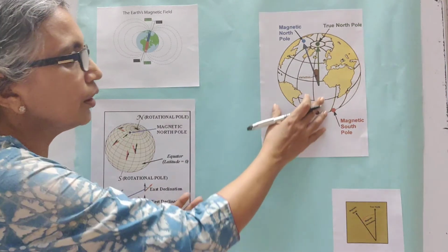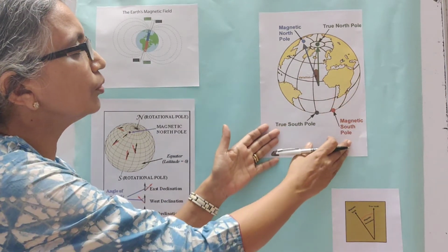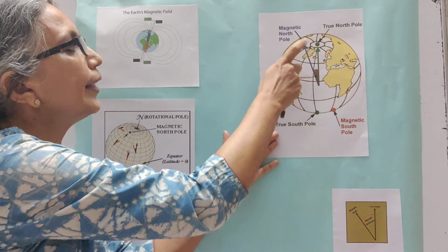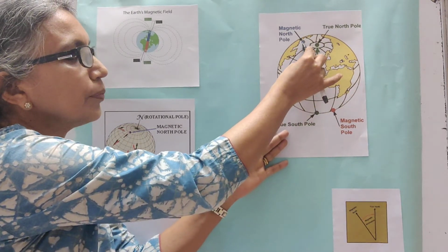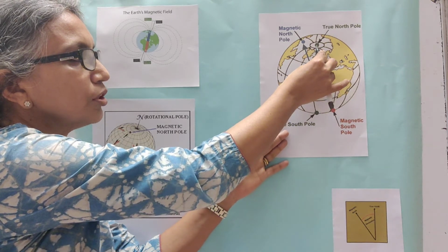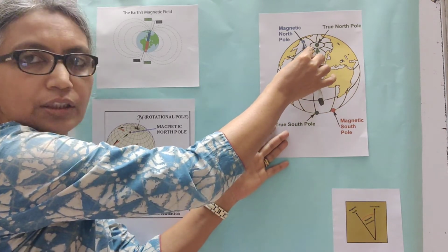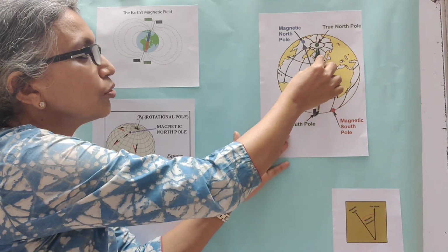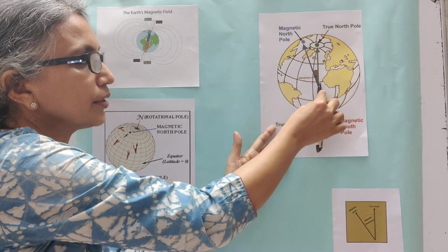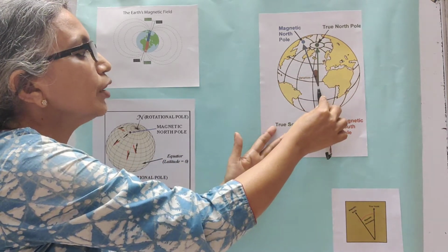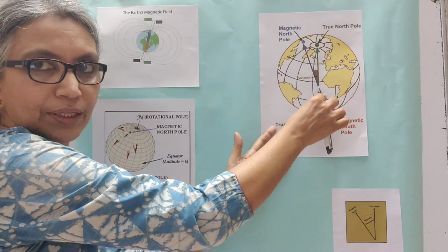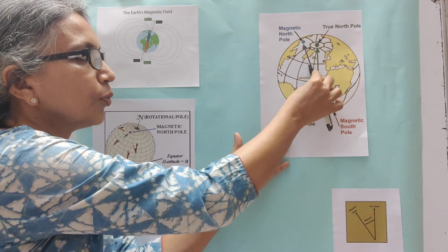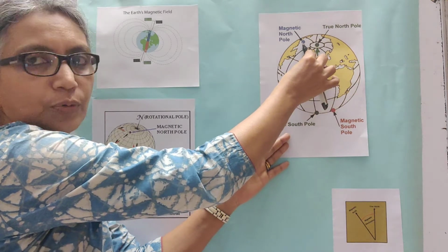So if you look at this figure, I think it's clearer to you. This is the true north, which is the geographic north. And this is the magnetic north pole, that blue dot there. This line that points towards the true geographic north is this green line here. And if you suspend your magnetic needle at this place on the earth, you will see that its north end, or the north pole, will point towards the magnetic north pole.